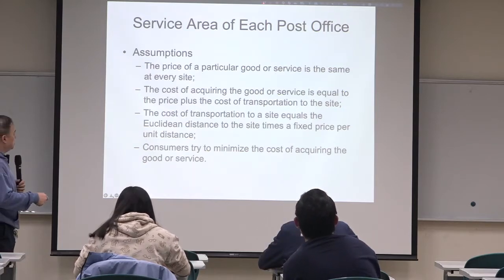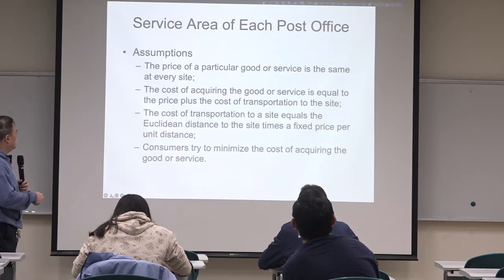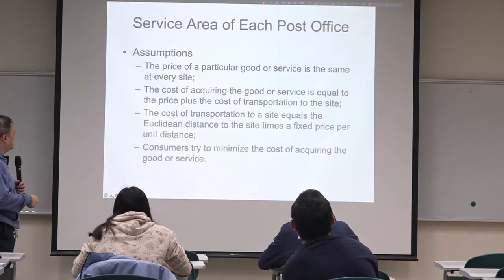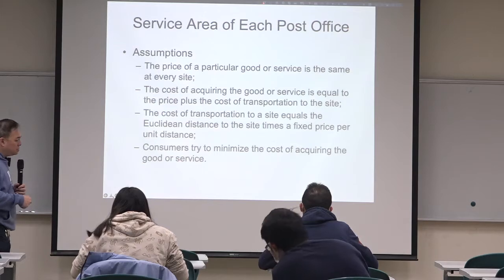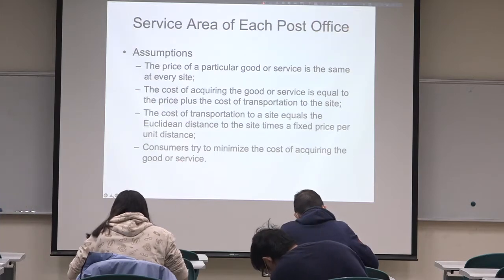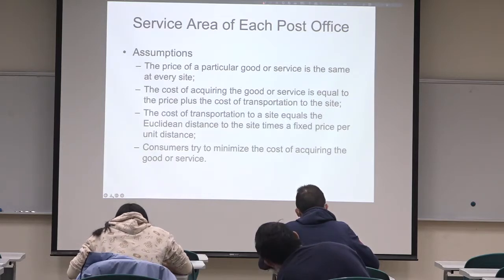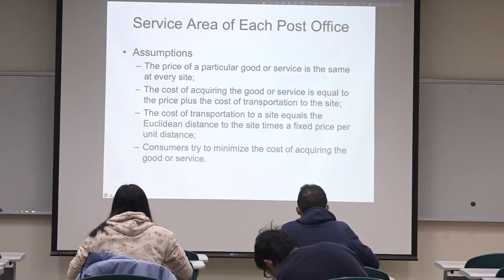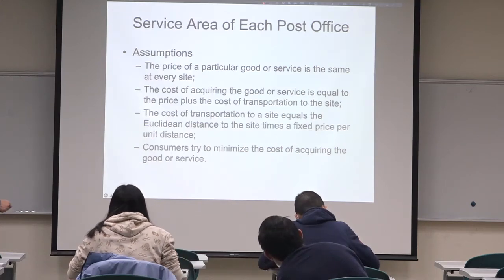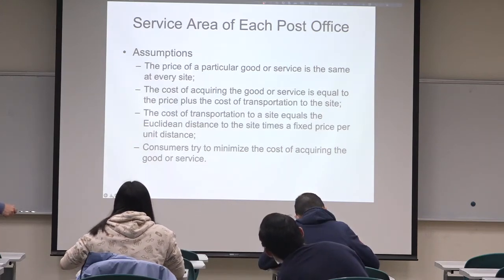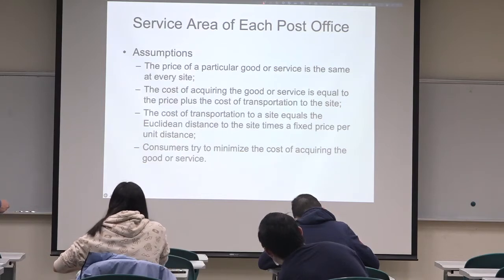The cost of transportation to a site is equal to the Euclidean distance to the site times a fixed price per unit distance. That's why we care about distance. And when it comes to distance, that's one of the important elements in computational geometry. Our customers try to minimize the cost of acquiring the good or service.